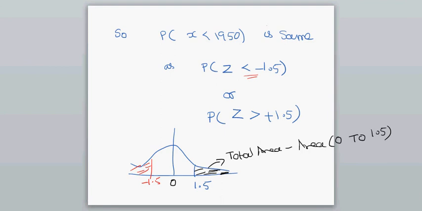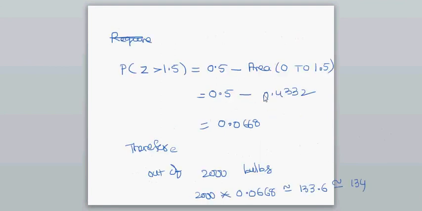You can do this by subtracting from the total area 0.5, which I explained already in many videos. Just go through that and you will get the probability as 0.0668. But we want, out of 2000, the total bulbs satisfying this probability. So on multiplying by 2000, you get 134 such bulbs.